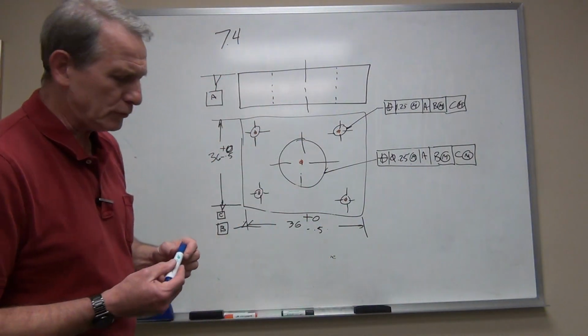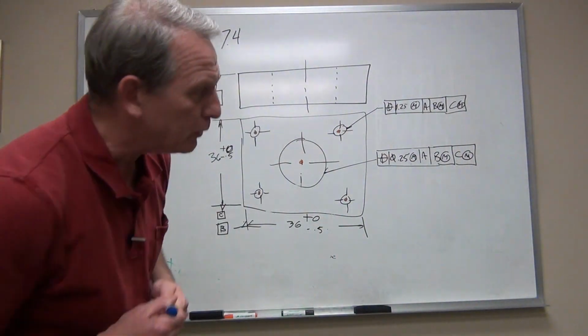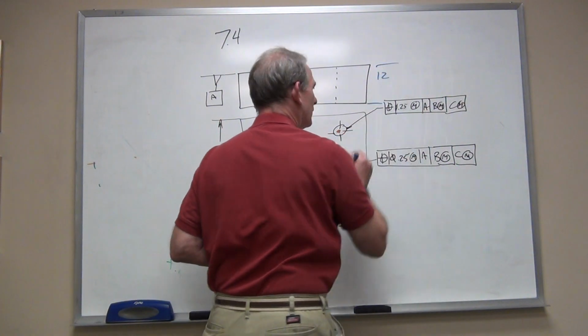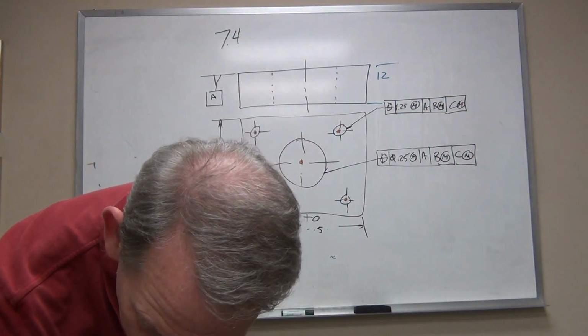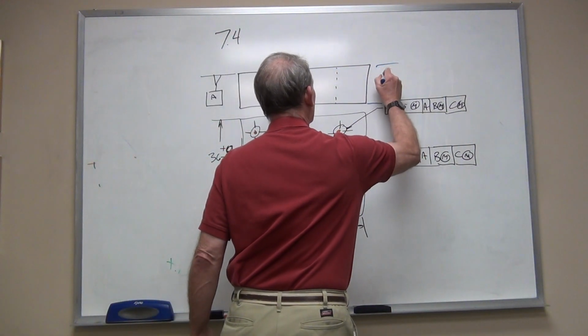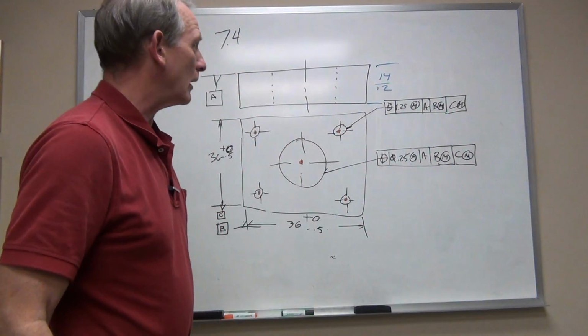It is not associated with the dimension of size, which I didn't even put up there. I think it is 14 millimeters and 12 millimeters are the limits of size.